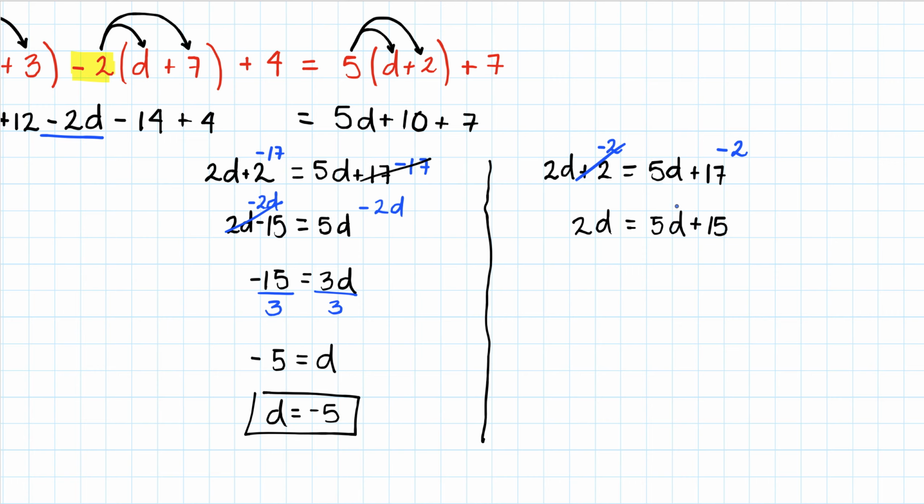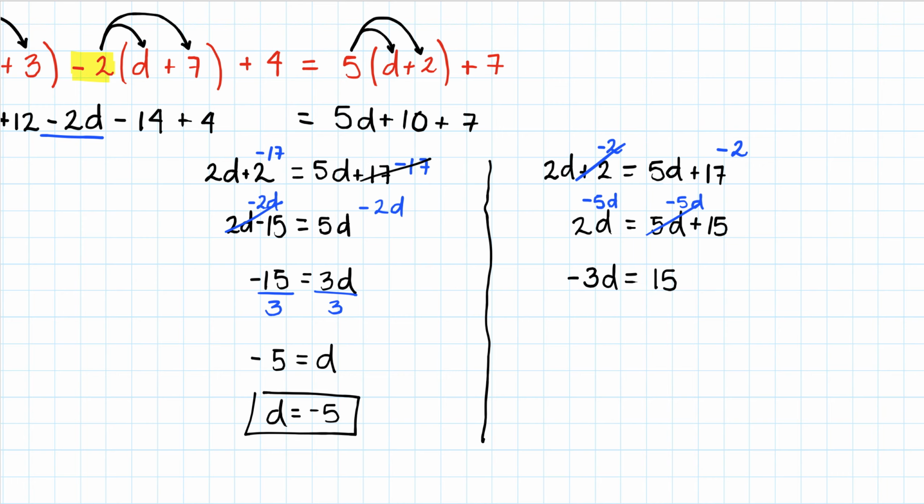Now I'm going to take away this 5d. So when I do that, I'm going to take away 5d on this side and take away 5d on the other side. So this becomes 0. And then 2d take away 5d is going to be equal to negative 3d equals 15.